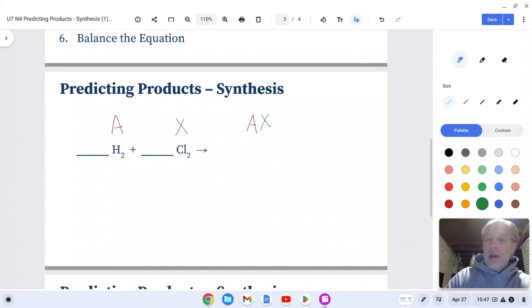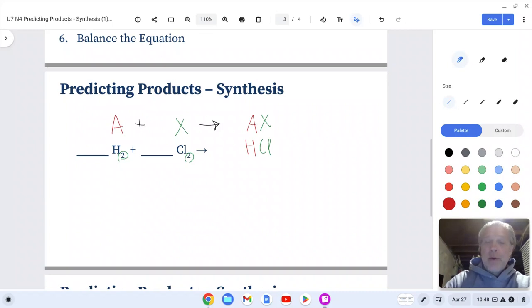So what that ends up looking like is, in this case, I have A, which is hydrogen, and chlorine, Cl, which is my X. So on the product side, I would have H and I would have Cl. Now note that what I haven't done here is bring along these subscripts. That's because I have to check the charges of these particular elements.